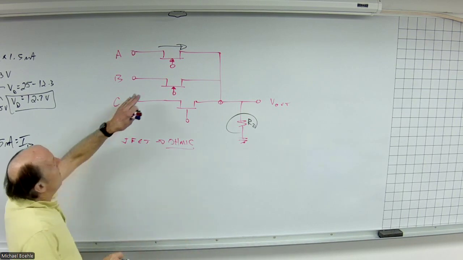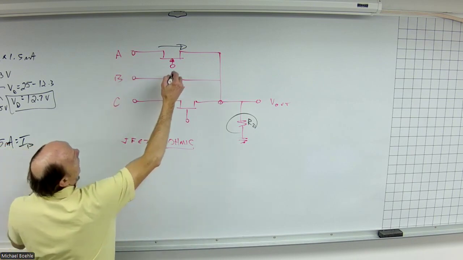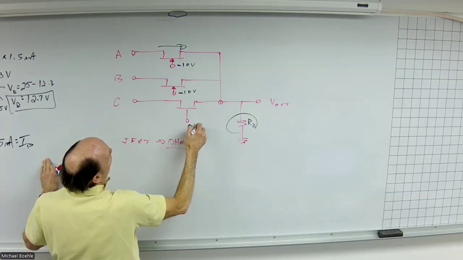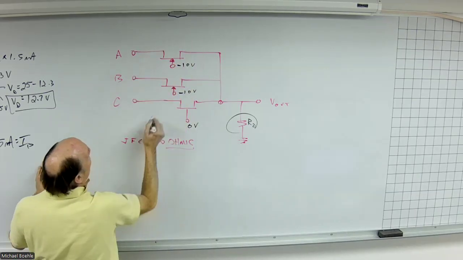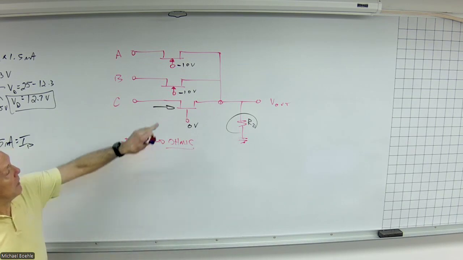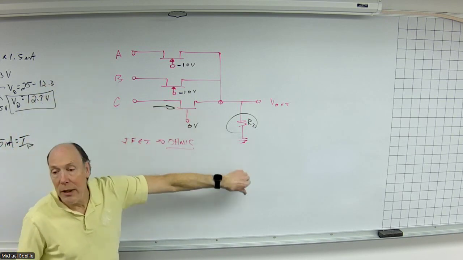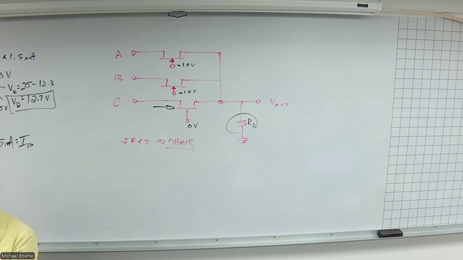So all I have to do is apply, say, negative 10 volts here, negative 10 volts here, and 0 volts here. And now C goes through, because by putting a negative voltage onto the gates of those JFETs, they act like opens. So I'm using each individual JFET as a switch. It allows me to take whatever signal I want to go through. And this allows me to switch analog signals, not just digital. One simple use.